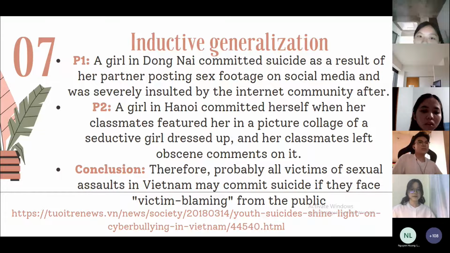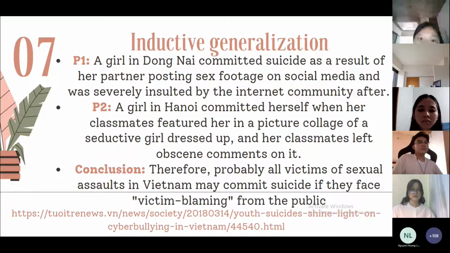Here is the inductive generalization of our group. Premise 1: A girl in Đồng Nai committed suicide as a result of her partner posting sex footage on social media and being severely insulted by the internet community afterward.